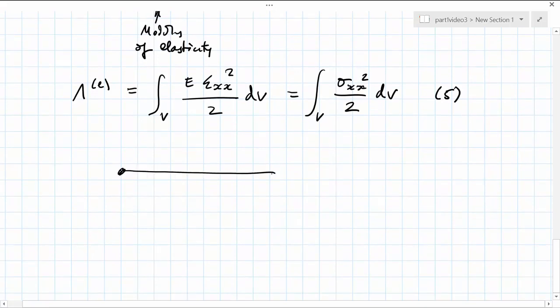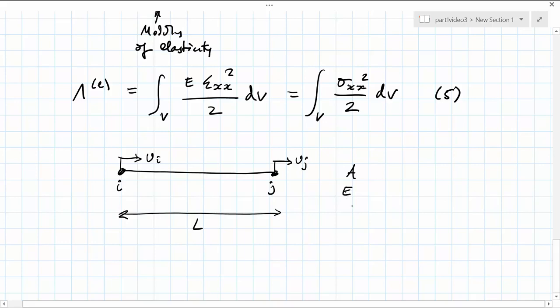This element has two nodes, I and J, and corresponding displacements UI and UJ. The overall length of this element is given by L, and it has properties of area, modulus of elasticity, thermal properties, and internal element forces, which we denote by Fe.